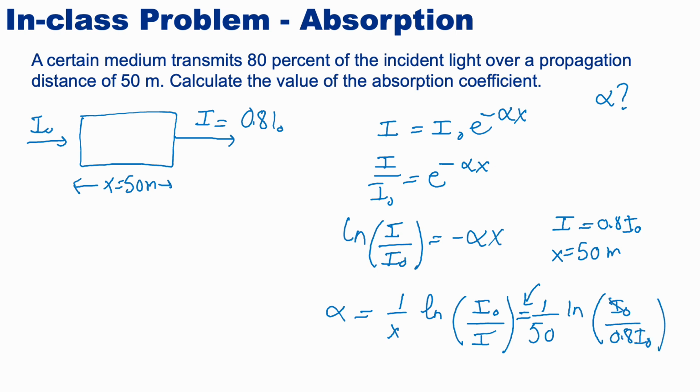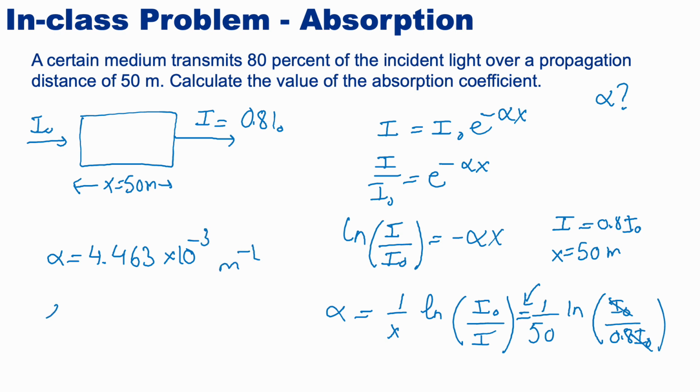So as you see, the initial input cannot cancel each other, so it's not important for solving the problem. As far as the transmitted input, it's given based on the original input. So we have that this is going to be 4.463 multiplied by 10 to the power minus 3 meters to the minus 1.